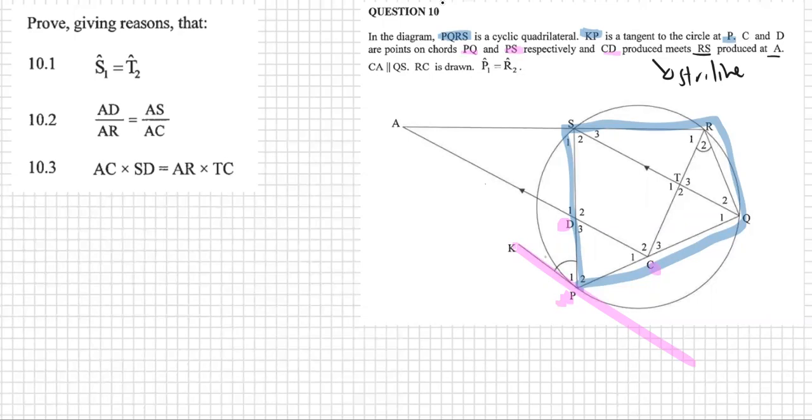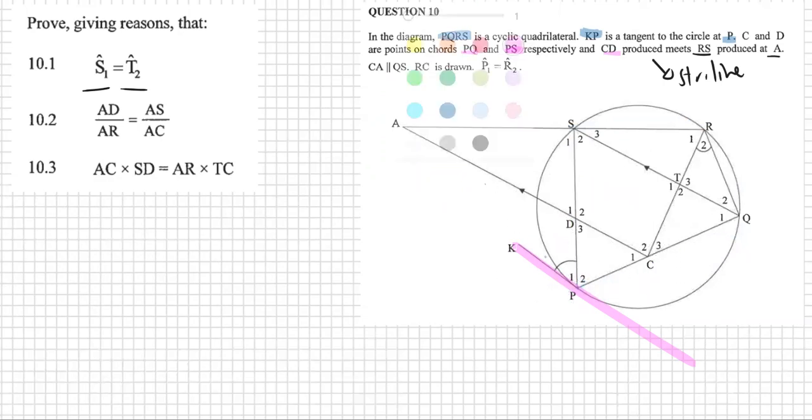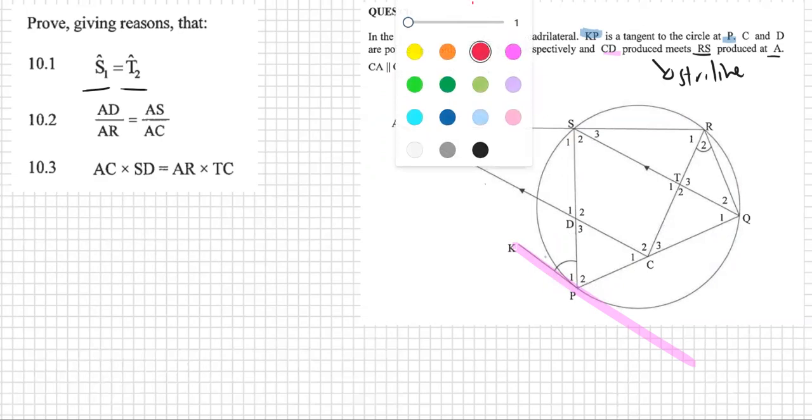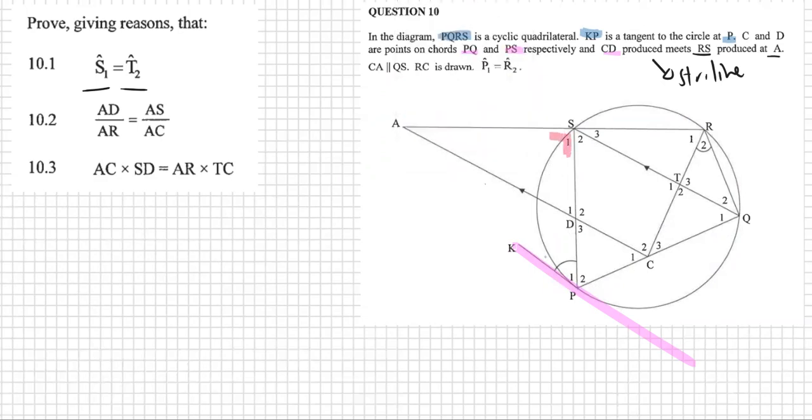It says, first prove, giving reasons, 10.1 that angle S1 equals angle T2. So let's find S1. We need to prove somehow that that is going to be exactly equal to T2.